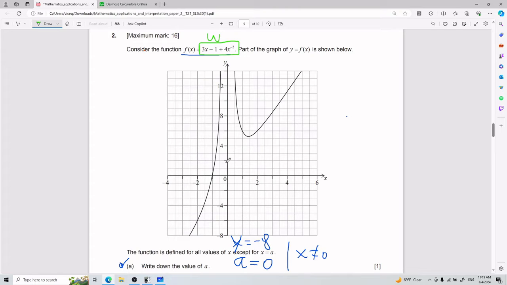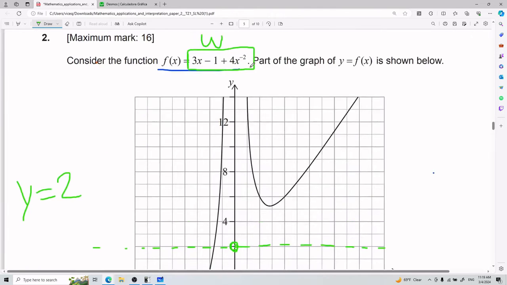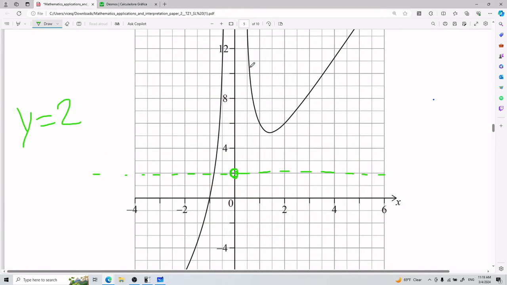Let's say I have a y of 2. A y equals 2 is where? It's right here. So a y of 2 goes like this. How many solutions does y equals 2 have? All right, I know that some of you are like, brother, what the heck are you doing?